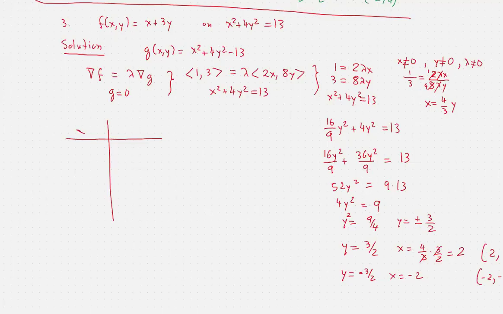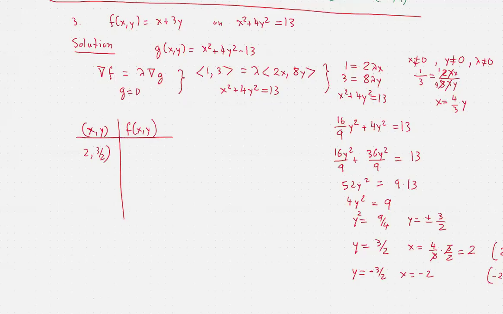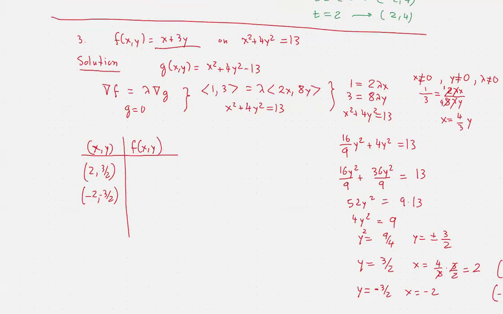And we have 2 comma 3 halves and negative 2 comma negative 3 halves. And we plug them into our objective function, which is x plus 3y. And we find 2 plus 9 halves, which is 4 over 2 plus 9 halves.